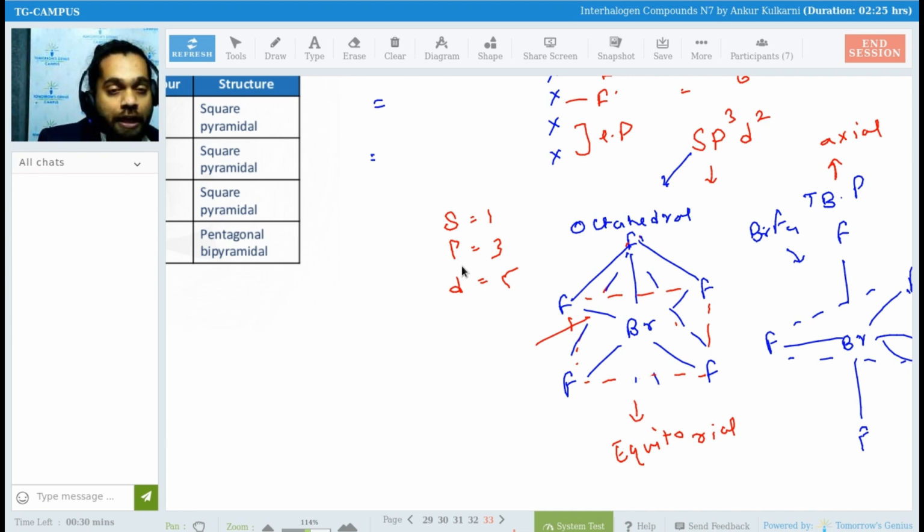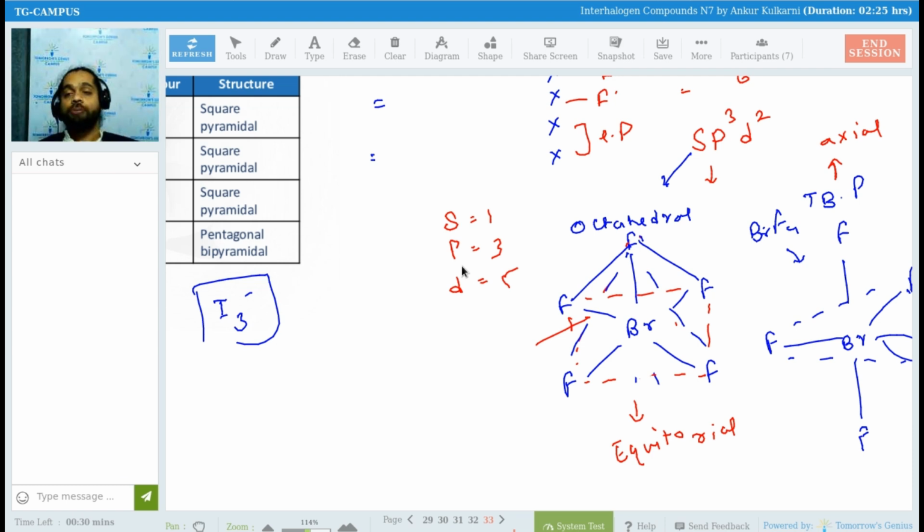Now I3 minus. We have done it, but I am giving you again. I3 minus, similarly, find it out. How many bond pairs and lone pairs do we have? And what is the hybridization that you are getting? Come on, solve it.